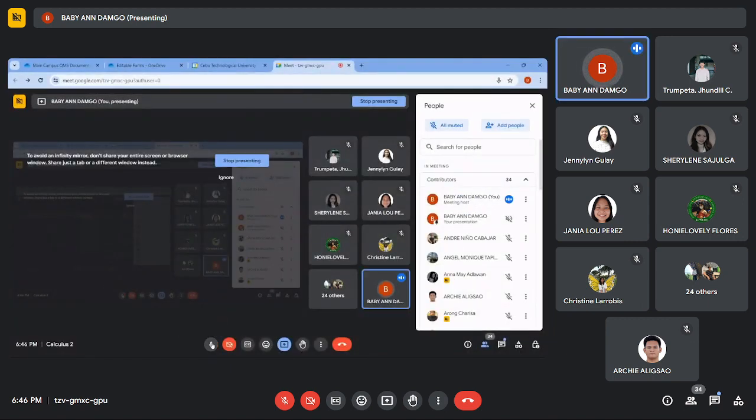Nasolve na? Kung nalay solve, okay. Parallel jud siya, ma'am.